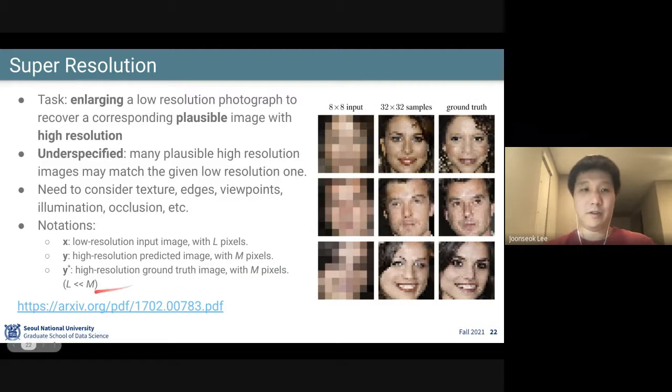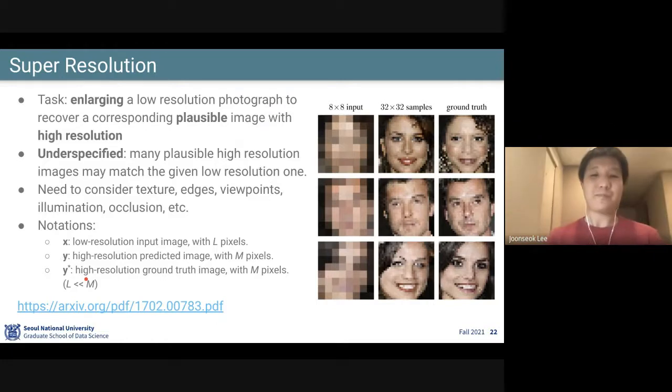And here I summarize the notations they have used, because these notations are not quite standard. X denotes the low resolution input image, this 8x8 image, and we say that it has L pixels, standing for low. And Y is the high resolution predicted image.